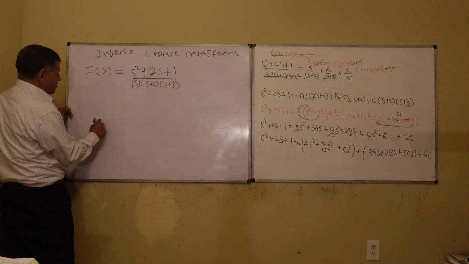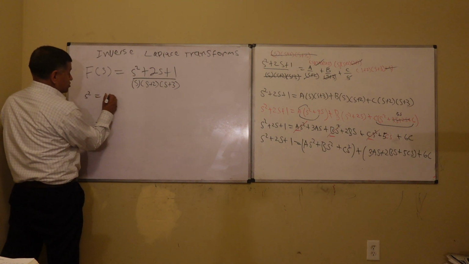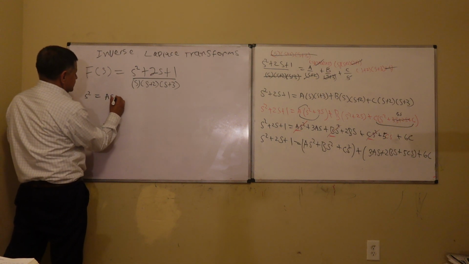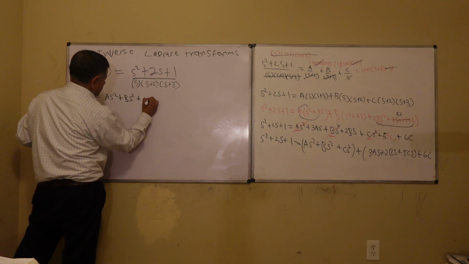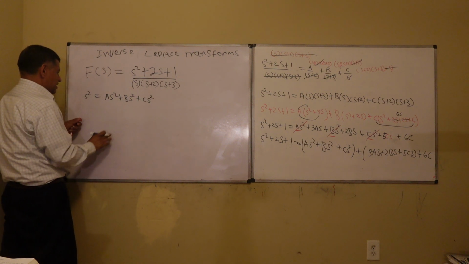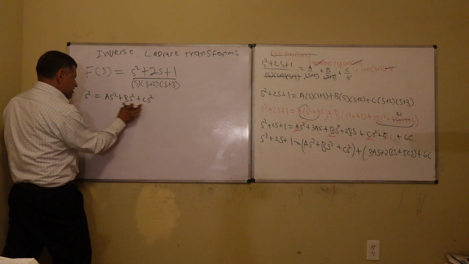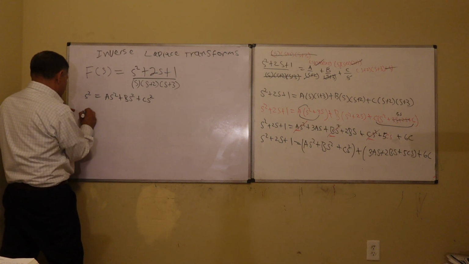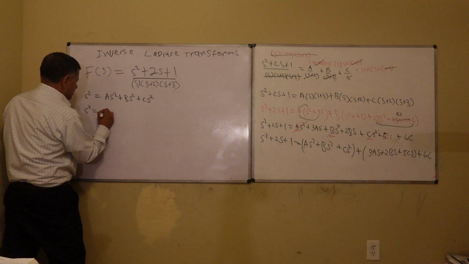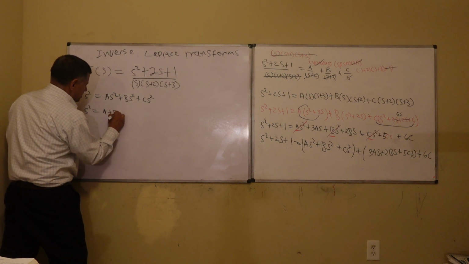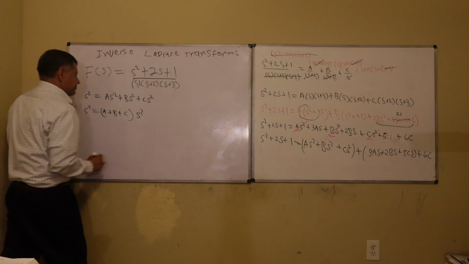So the first one is S squared equal to AS squared plus BS squared plus CS squared, right? Now what I can do is factor out S squared on this side, and I get S squared equal to A plus B plus C inside, right?